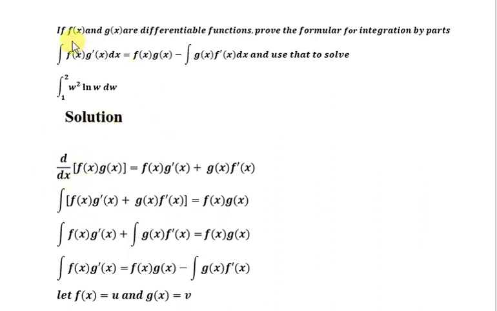Now, to prove the integration by parts formula, which is quoted here, we need to use the product rule of differentiation. So what we do is to quote it in the form d dx of f of x and g of x.